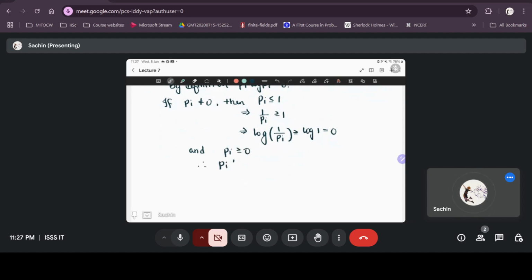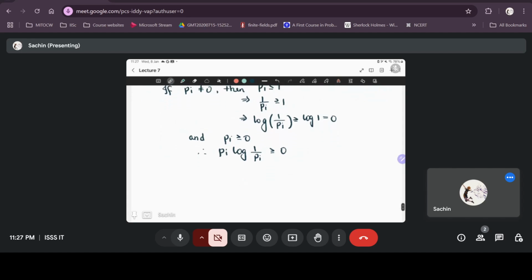Therefore, pi log of 1 over pi is greater than or equal to 0. Pi log 1 over pi equals 0 if pi equals 0 or pi equals 1.